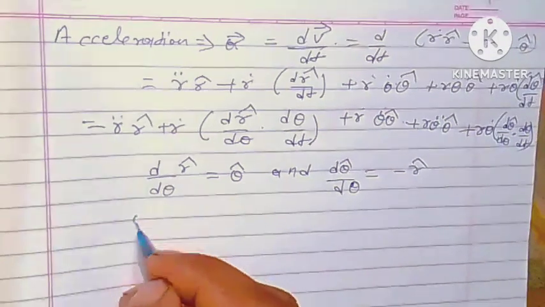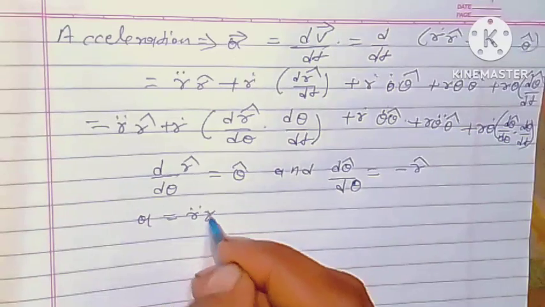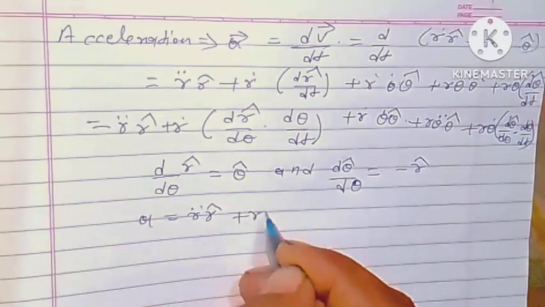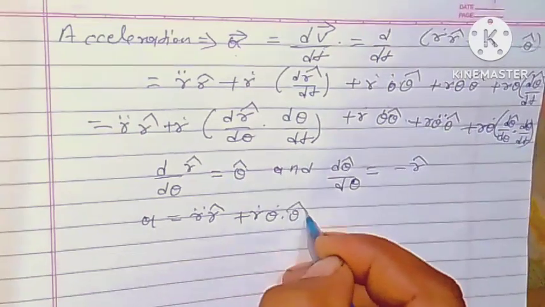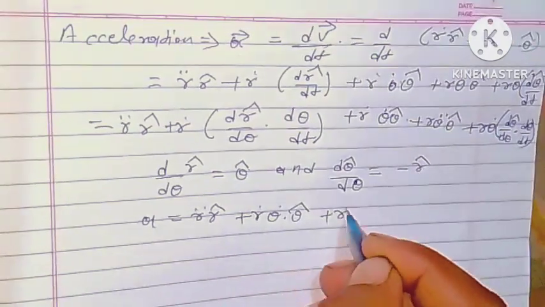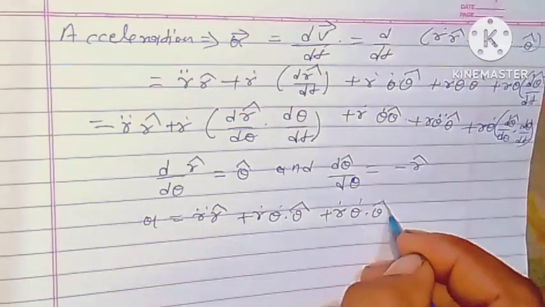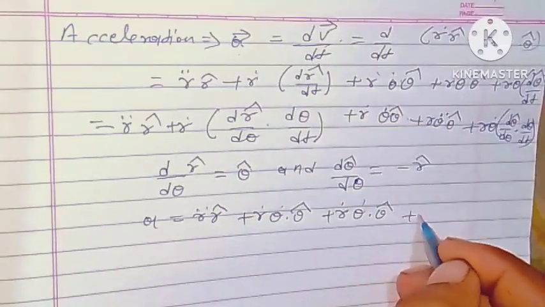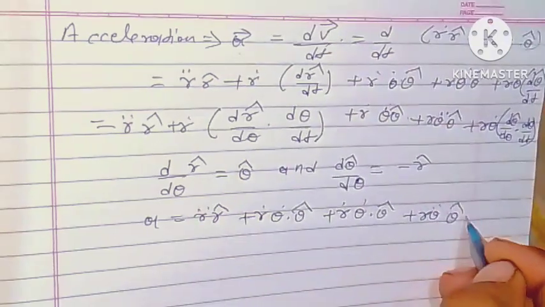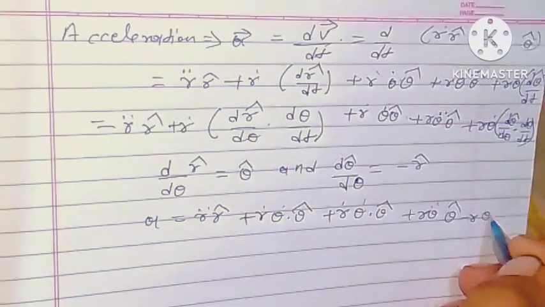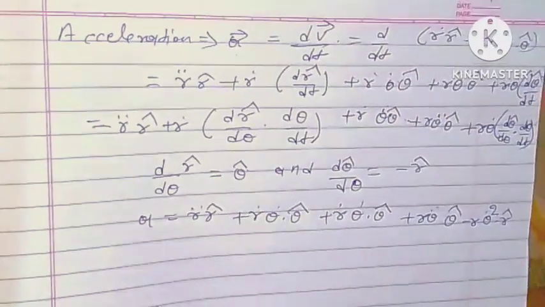Then the acceleration a equals double derivative of r unit vector r plus derivative of r derivative of theta into unit vector theta, plus derivative of r derivative of theta into unit vector theta, plus r double derivative of theta unit vector theta, minus r derivative of theta square into unit vector r.